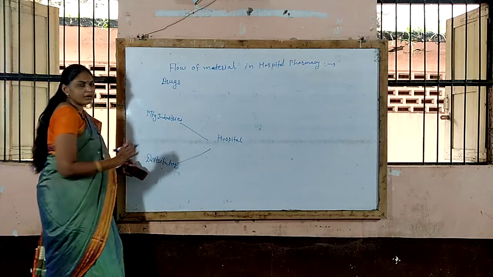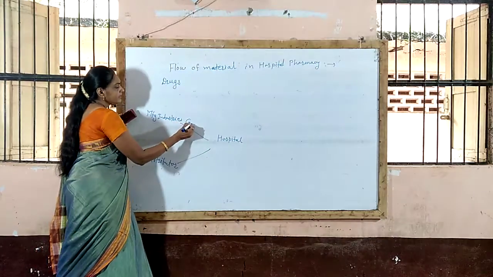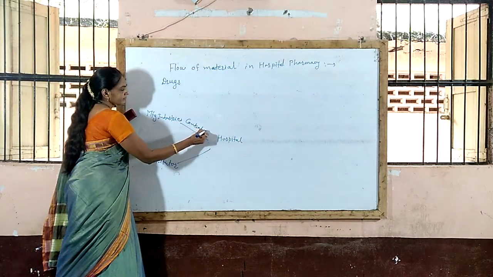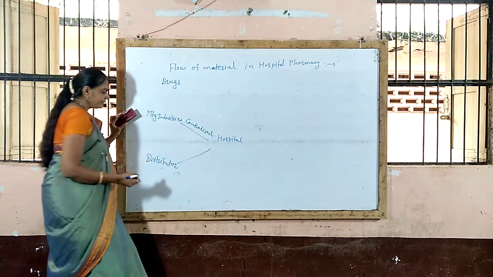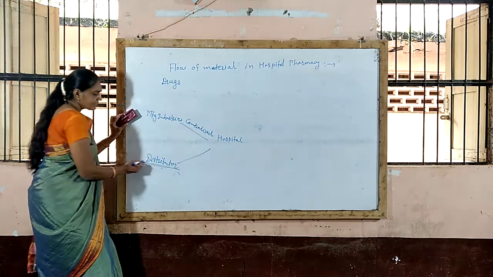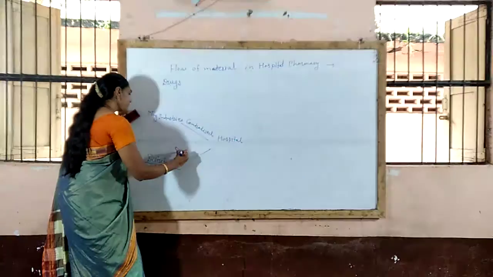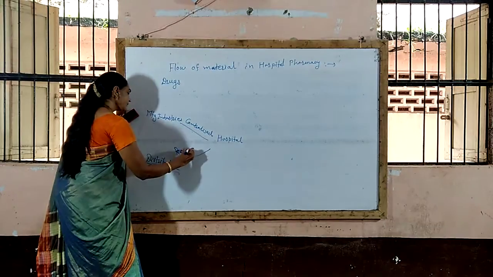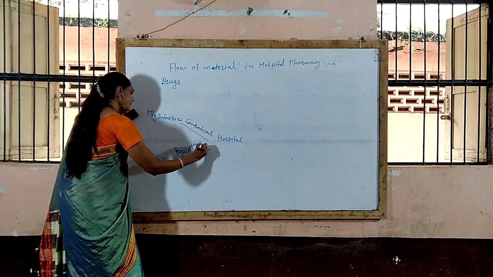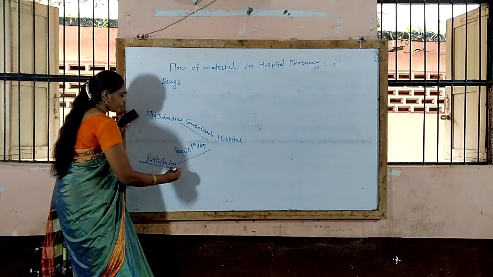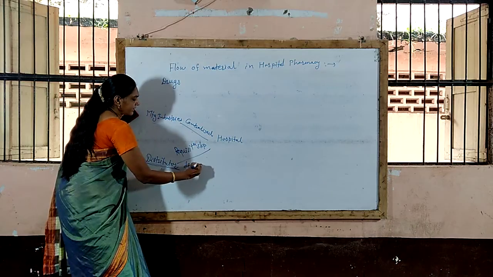Directly from industries is the centralized process, and when the drug is taken from a distributor by taking a requisition slip, the process is decentralized purchasing.